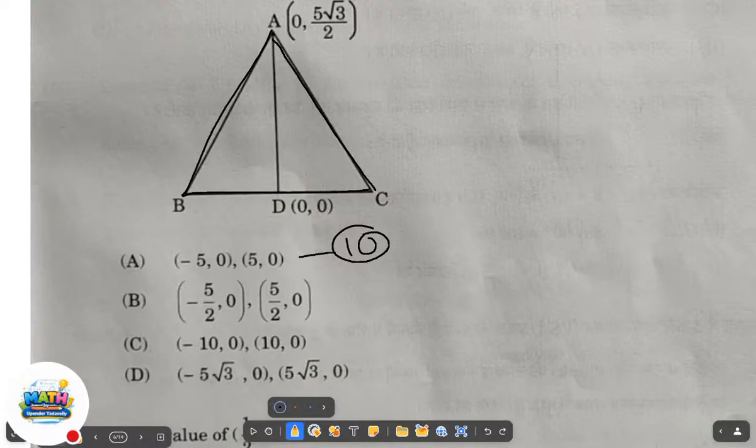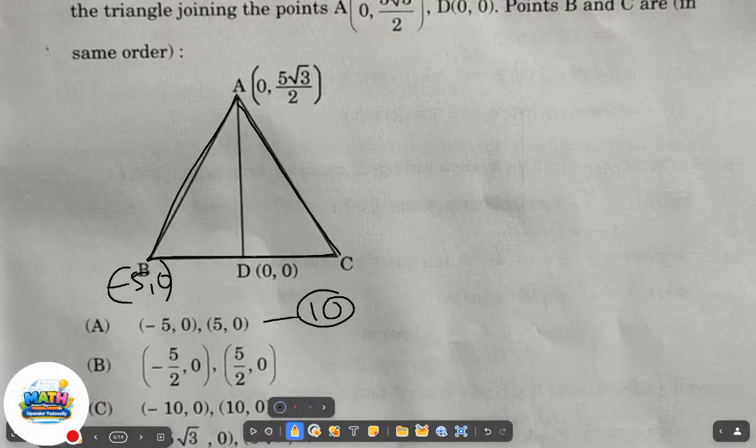Let's check. Suppose B is minus 5 comma 0, then what is the distance between A and B? Let's apply the distance formula.